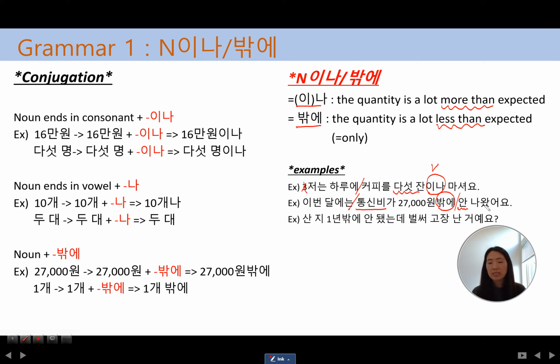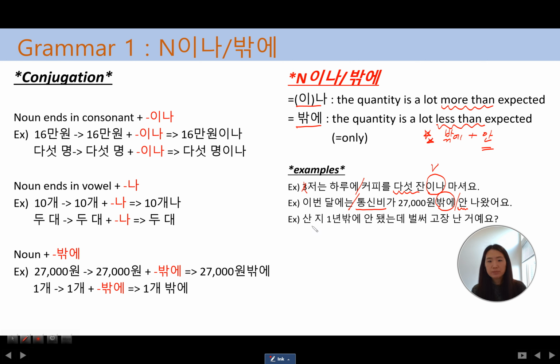It only came out to 27,000 won for internet expenses this month. One thing you have to remember, 밖에 is normally used with 안, a negative word. 27,000원밖에 안 나왔어요. I was only charged 27,000 won. Okay, so this is important.